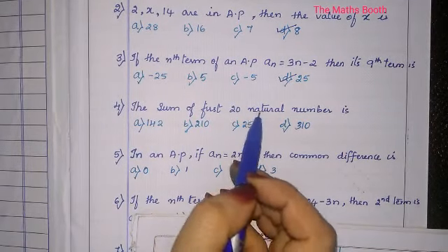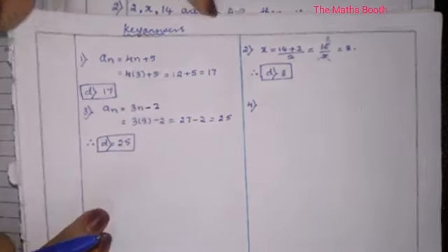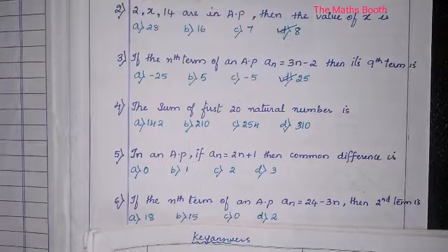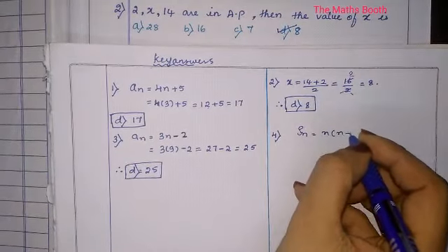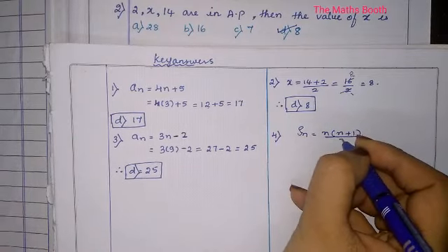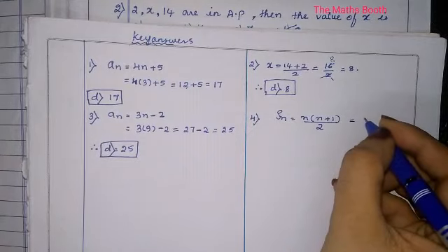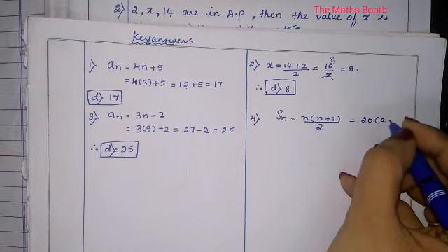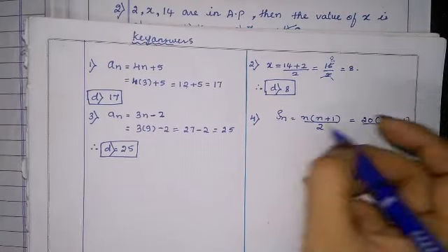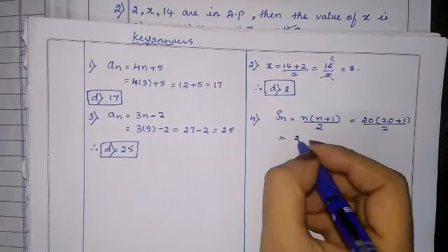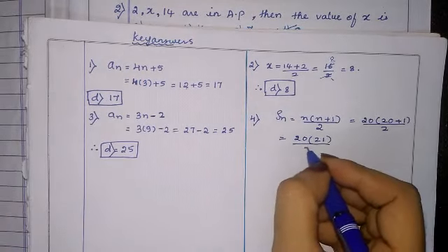The sum of the first 20 natural numbers is. We know the natural number formula, the sum of the first 20 natural numbers, Sn is equals to n into n plus 1 by 2. This is also one formula to find the sum of natural numbers. So 20 into 20 plus 1 upon 2, that is 20 into 21 upon 2.